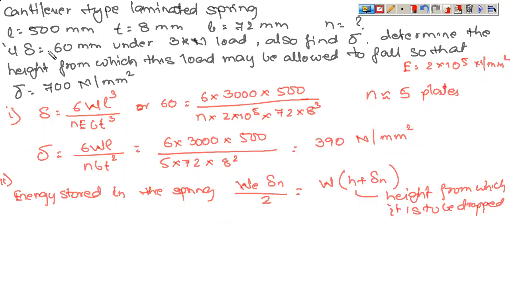The condition now is the stresses should not exceed more than 700 Newton per mm square. So with respect to 700 Newton per mm square of stress, calculate new WE. If you calculate, this comes out to be 5376.